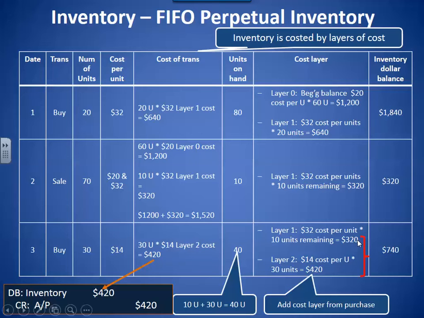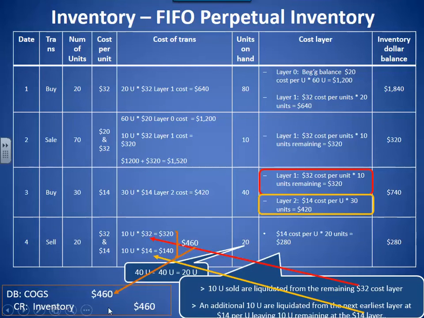We've also added another cost layer of 30 units at $14 per unit for a total of $420. So now we have two cost layers, one at $320 and one at $420. So our inventory dollar balance now is $740.